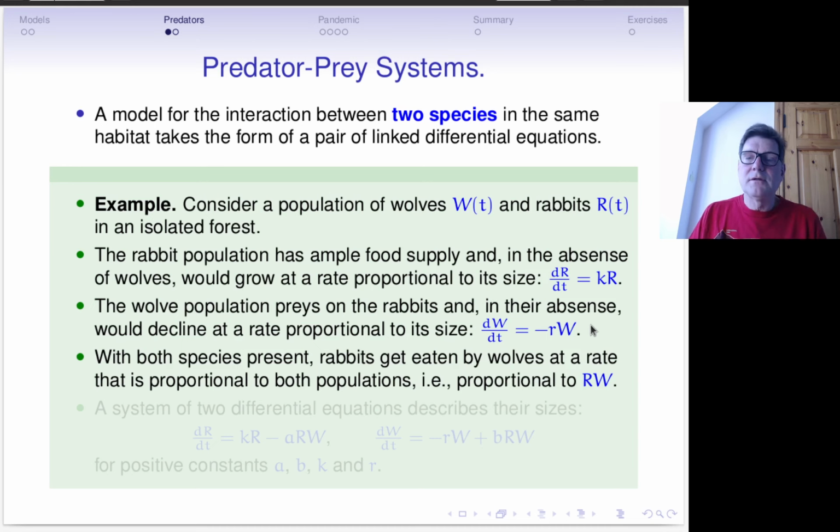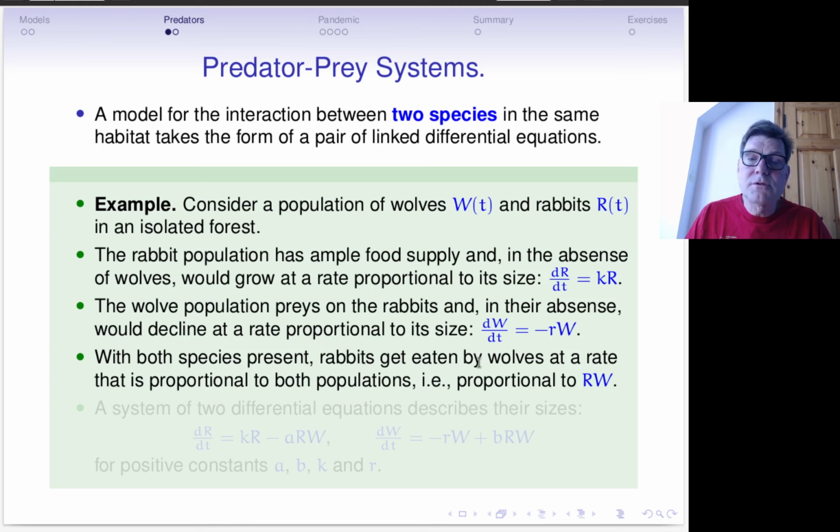And the rate at which rabbits get eaten by wolves is determined by the number of opportunities and by the possible encounters between rabbits and wolves, and that rate naturally is proportional to both the size of the rabbit population and the size of the wolf population.